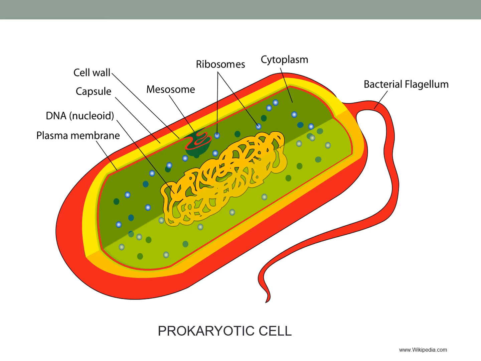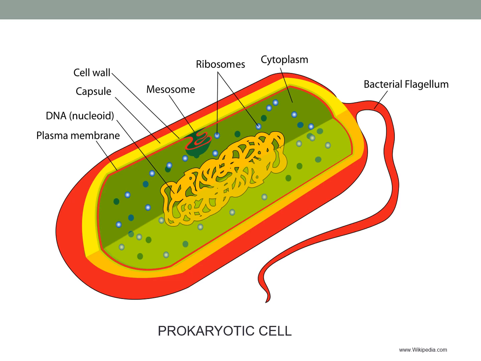In this slide, we see a prokaryotic cell. It has a cell wall, a cell membrane or a plasma membrane. Then there is a DNA-like material called nucleoid. They have ribosomes. Ribosomes are the protein factories. They help in formation of different proteins.